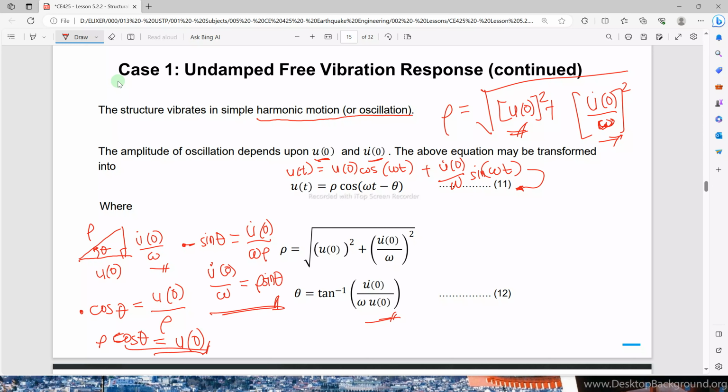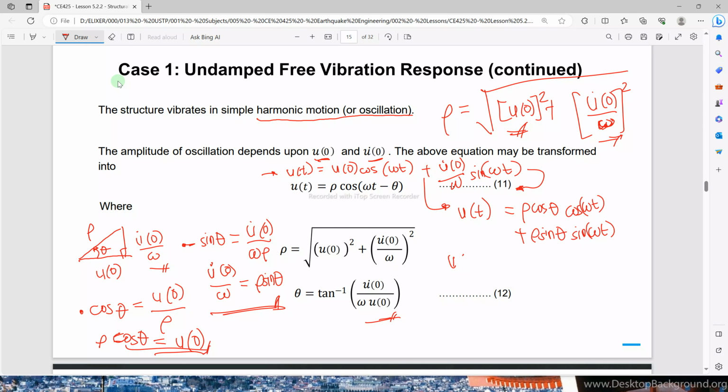Now, substitute these values into the equation, so u of t is equal to rho cosine theta cosine omega t plus rho sine theta sine omega t.